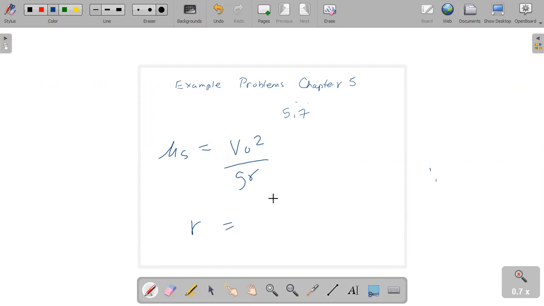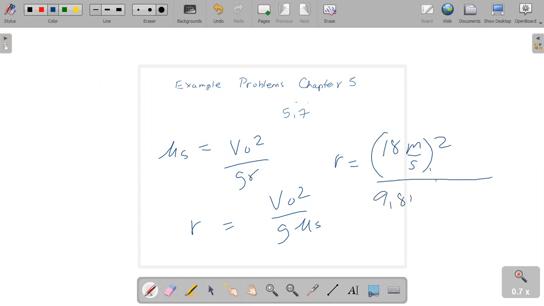So r equals v naught squared over g mu s. You put the values in: 18 meters per second, quantity squared, g is 9.8 meters per second squared, and mu s is 0.55. Put those values in and get r equals 60 meters.